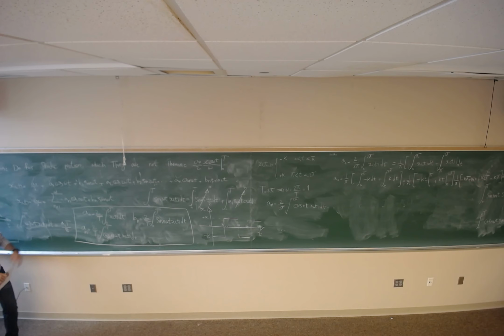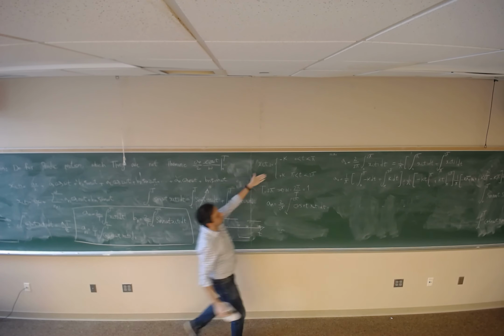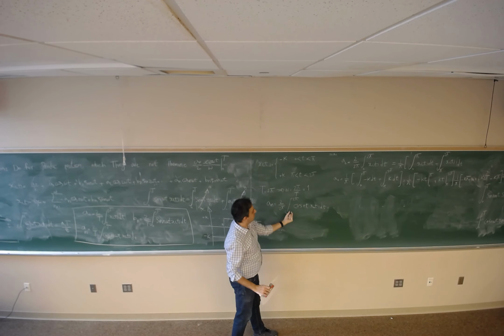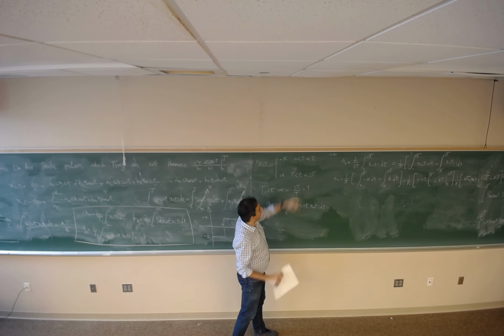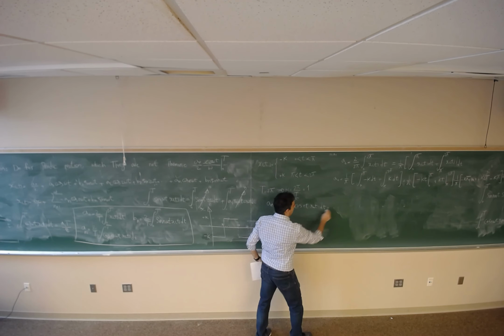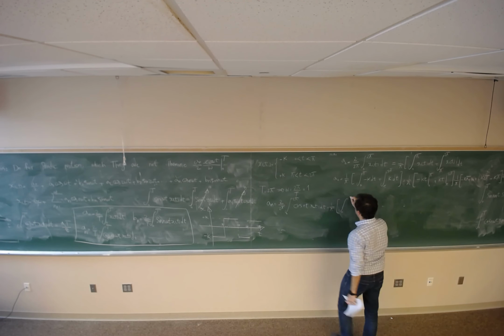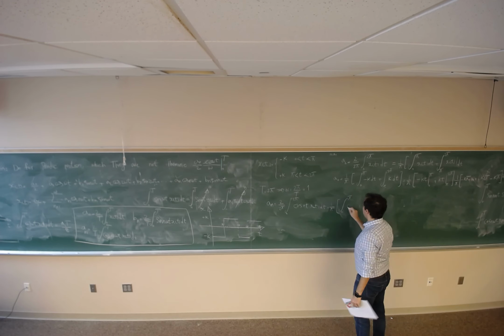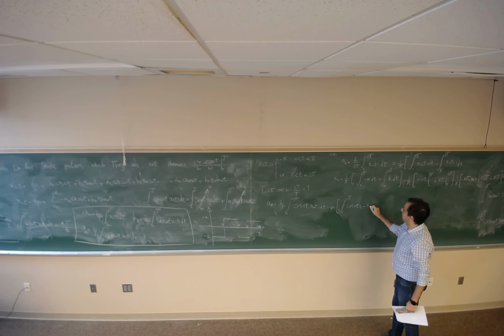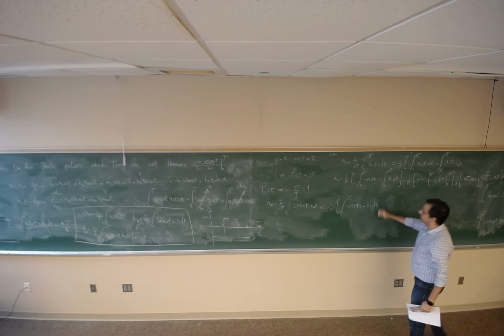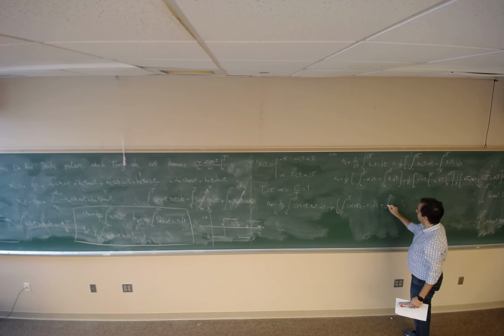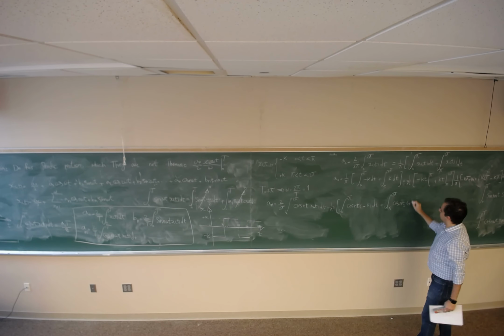Again, x of t has two values in one cycle. So I should break it into two periods of time. 2 over 2 pi is 1 over pi. Integration from 0 to pi of cosine of nt, where x of t has the value of negative k, dt, plus integration from pi to 2 pi of cosine of nt times positive k dt.